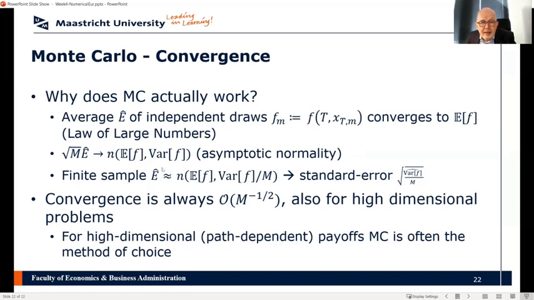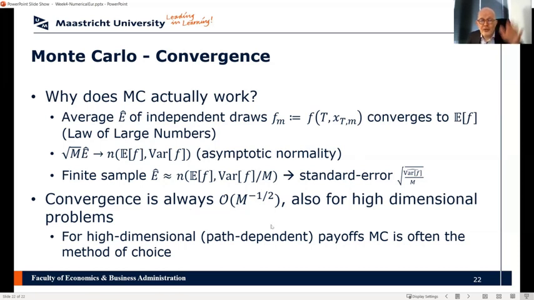The variance of the estimator is the variance of the payoff that I'm trying to estimate divided by the number of paths, or the standard error is the standard deviation of the payoff divided by the square root of the number of paths.